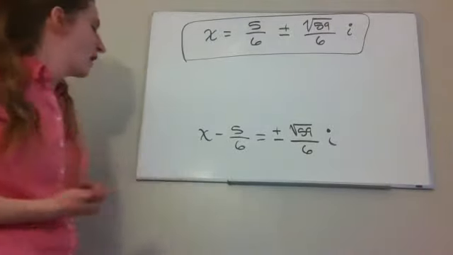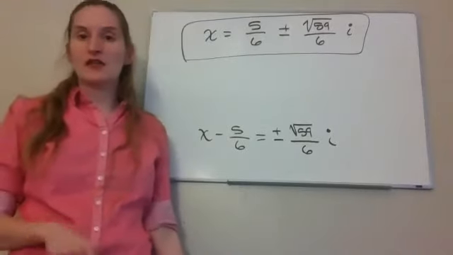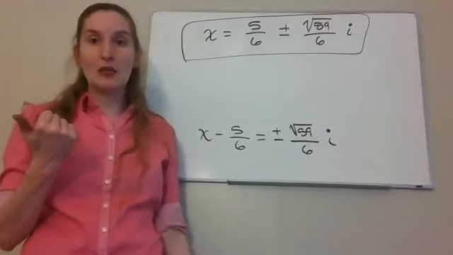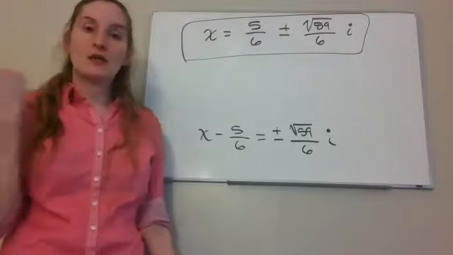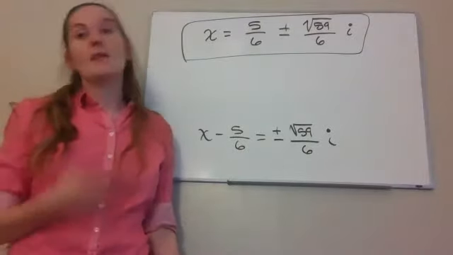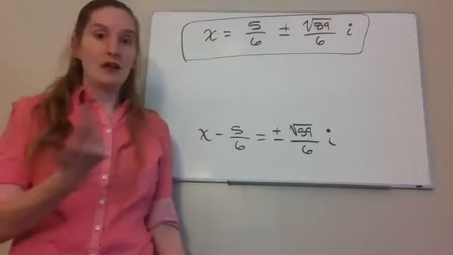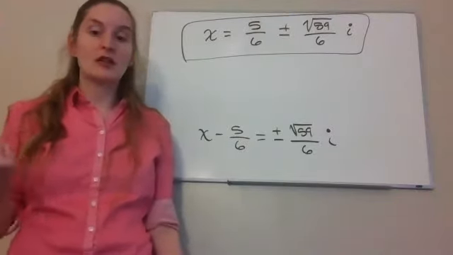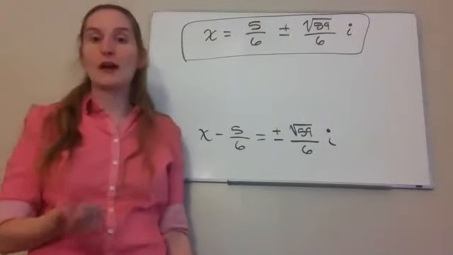All right, so now we have solved our quadratic equations by factoring and using the zero product property, by using the square root property, and by completing the square. Another way to solve a quadratic equation is by using what's called the quadratic formula.